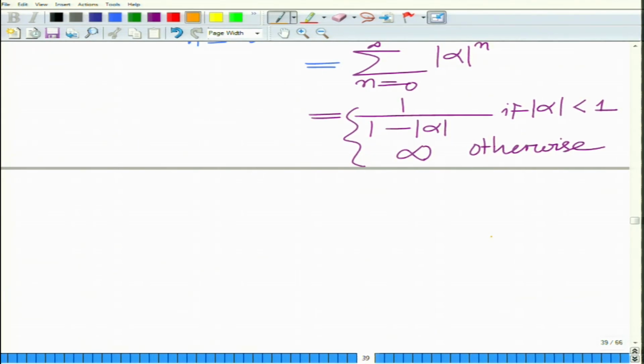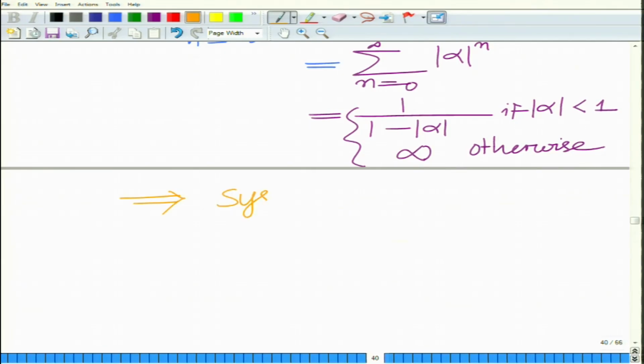So, the absolute sum of the impulse response is finite only if magnitude alpha is less than 1, which implies that the system is BIBO stable only if magnitude alpha is less than 1, otherwise it is an unstable system.